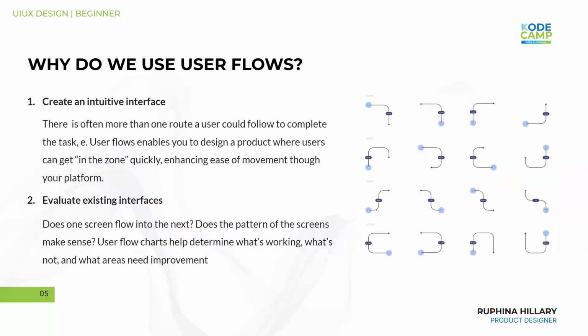So we use user flows to ensure that the solution or the design direction our design is taking, the route our product is following, or the route a user has to follow to complete a task on our product is intuitive. It's something that's seamless that every person can understand.